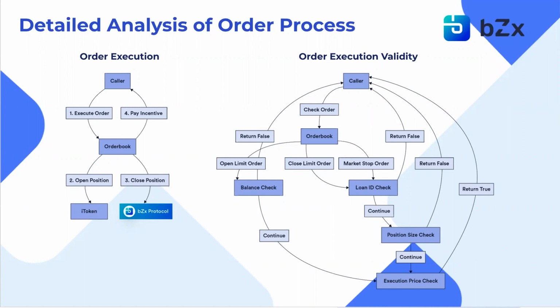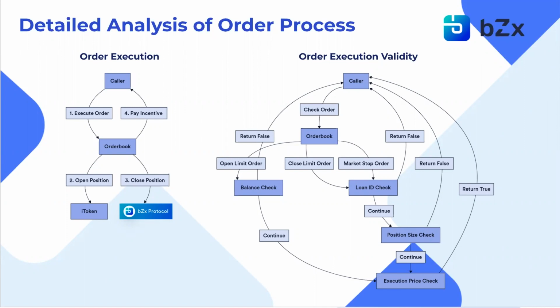The other 2 order types, close limit order and market stop order, follow the same check paths. The first check path is a loan ID check. This ensures that the loan ID specified in the order data, which is your actual position ID on the bZx contracts, is actually an open trade.